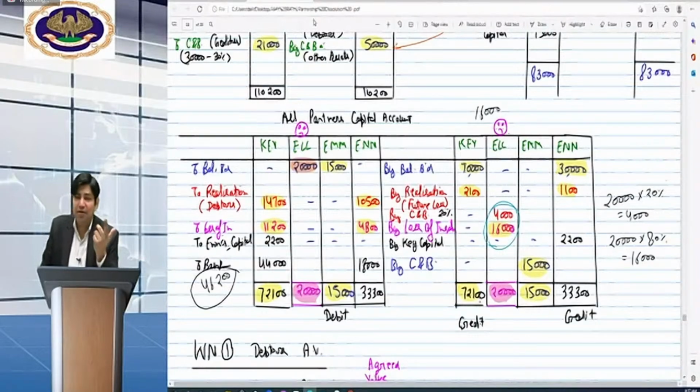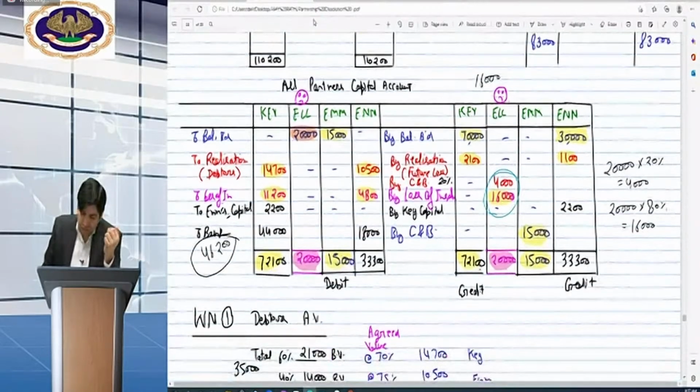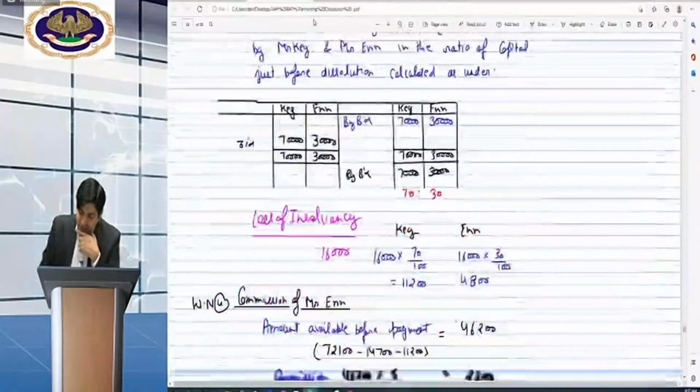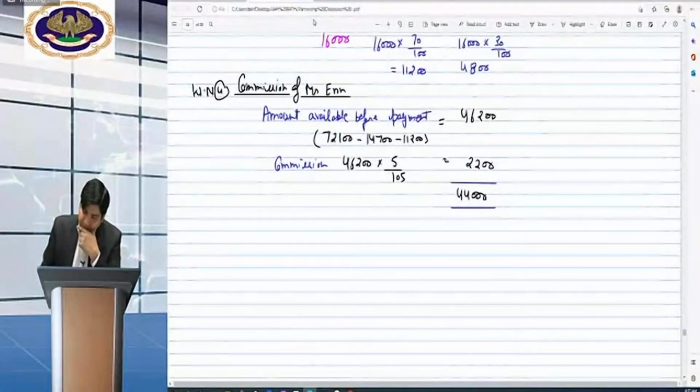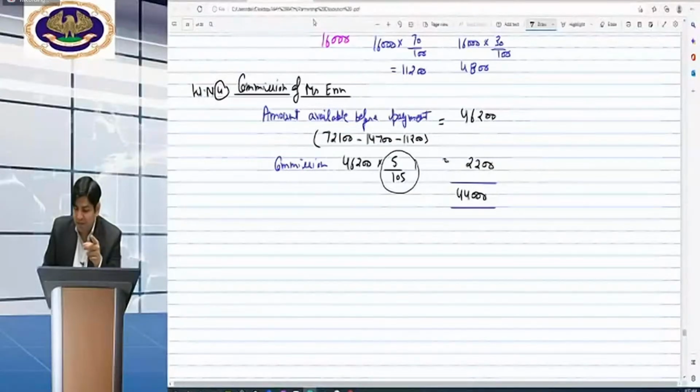How will that be calculated, beta? Finally payable. What is the finally payable? Out of 4,600, again the same thing will be done in this way: 4,600, out of that 5 divided by 105 because of finally payable. If 100 is finally payable, then 5 is the commission and gross is 105.